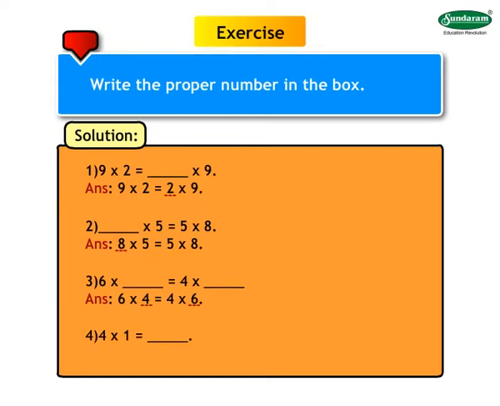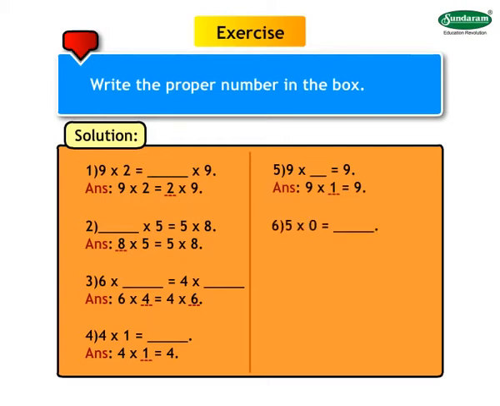4. 4 into 1 is equal to dash. As the product of any number and 1 is the number itself, therefore 4 into 1 is equal to 4. 5. 9 into dash is equal to 9. The answer is 9 into 1 is equal to 9. 6. 5 into 0 is equal to dash.